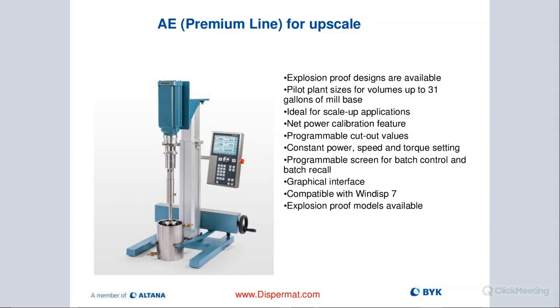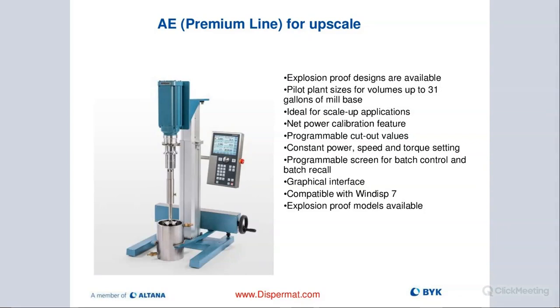If my viscosity decreases, my speed would increase because I'm maintaining the 1000 watts of energy. And that's also a really nice way of upscaling, because it allows me to calculate how much it costs to run this process in a manufacturing environment, because I know exactly how much energy I will be needing to process this material.